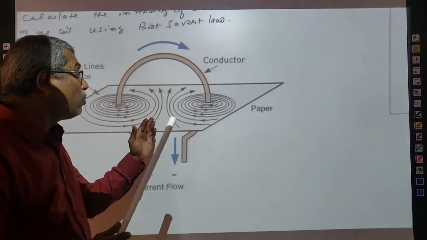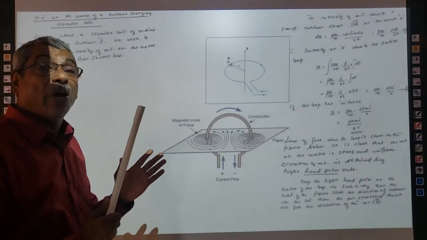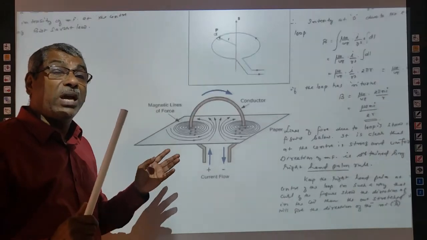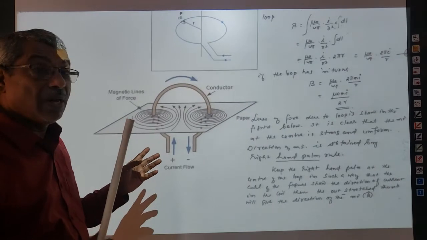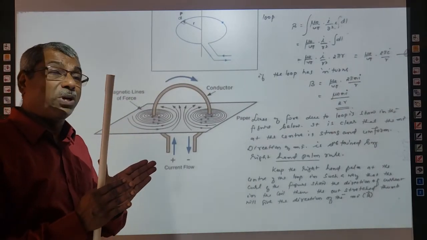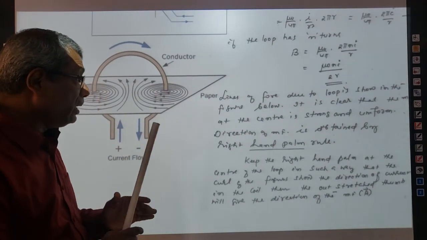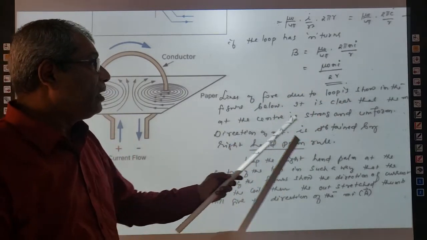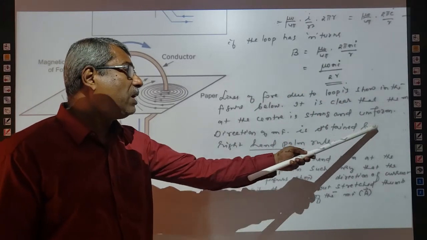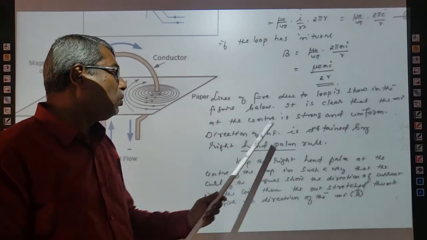Why parallel? I told you that also: when the lines of force become bigger circles, a small part of the circle becomes a straight line. So lines of force are also shown here. It is clear that at the center the magnetic field is strong and uniform.